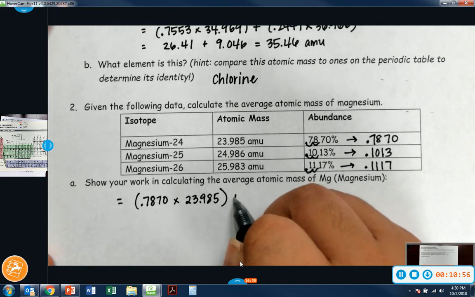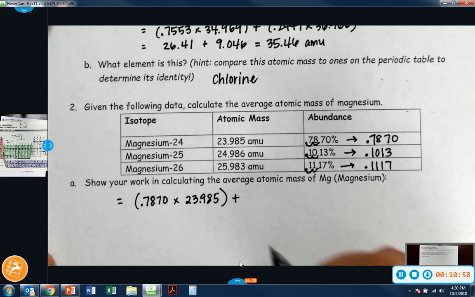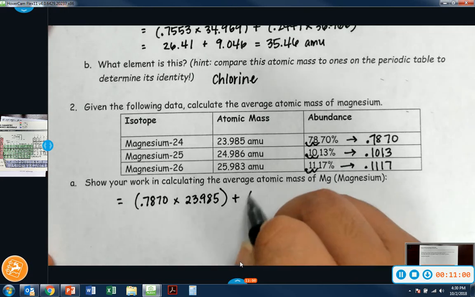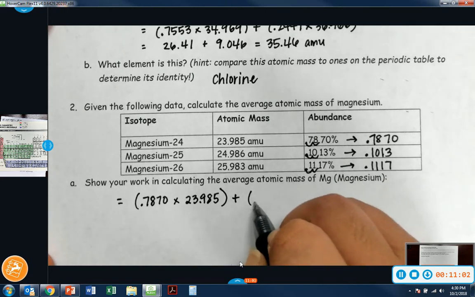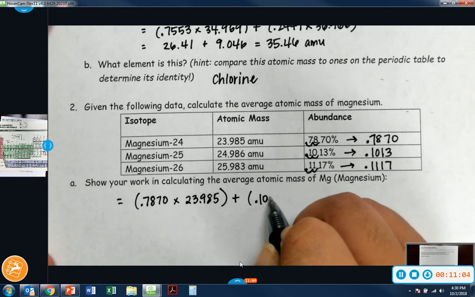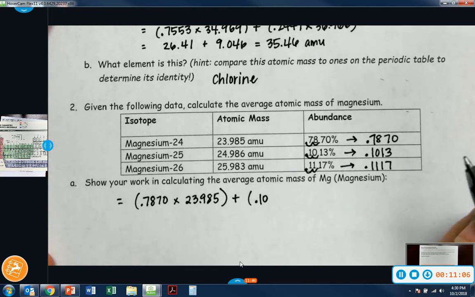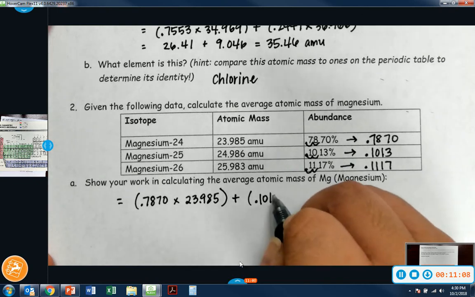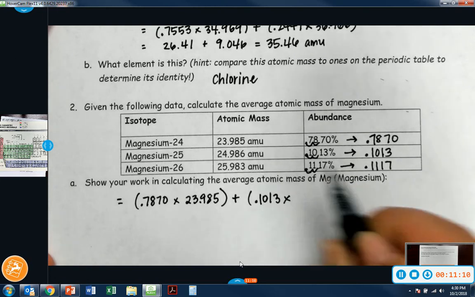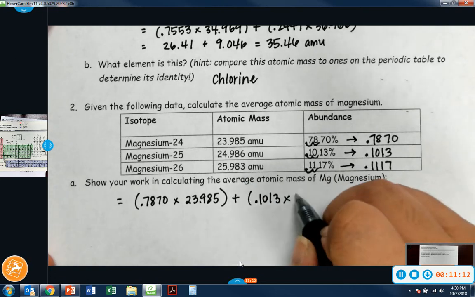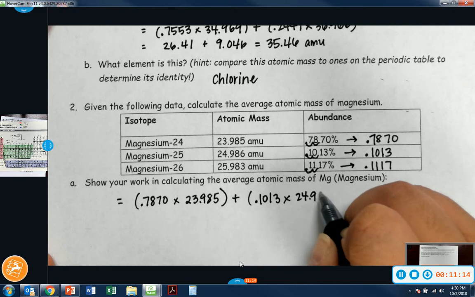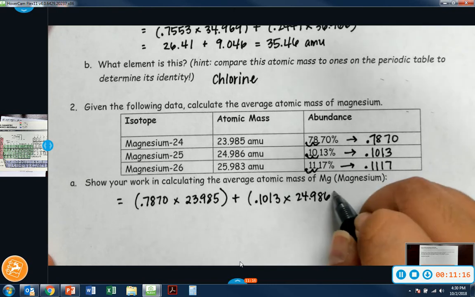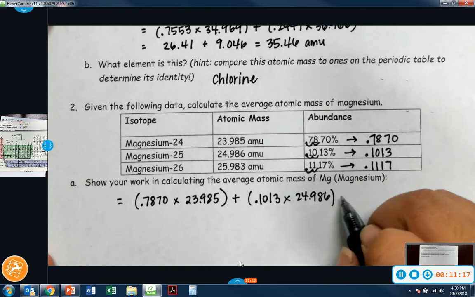Then we're going to add that to our second isotope, magnesium 25. Our percent abundance was 0.1013 times its atomic mass of 24.986. That's our second isotope.